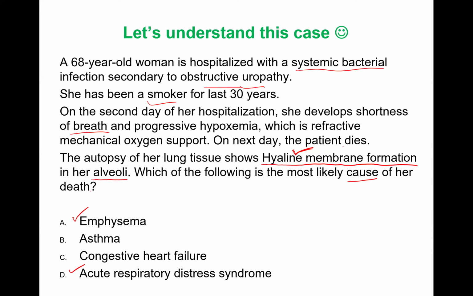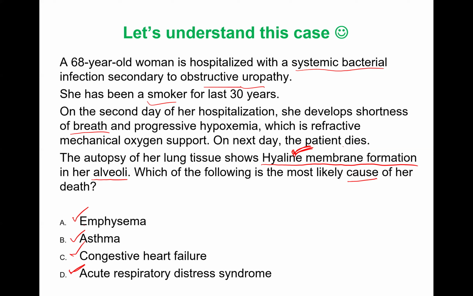Emphysema does cause damage to the alveolar walls, but in emphysema there is no hyaline membrane formation. That is reserved for option D, ARDS, right? So emphysema is excluded. Asthma is also not supportive in this case because asthma itself is episodic breathlessness, right?